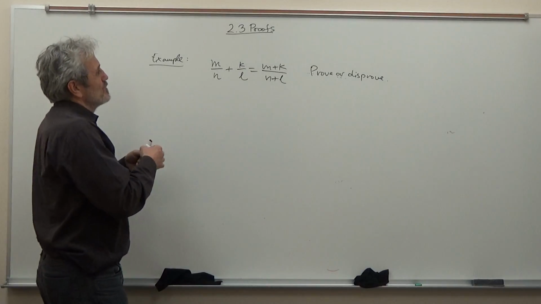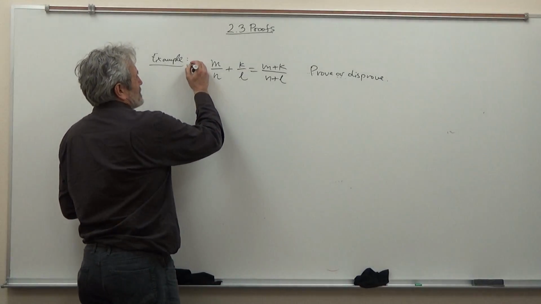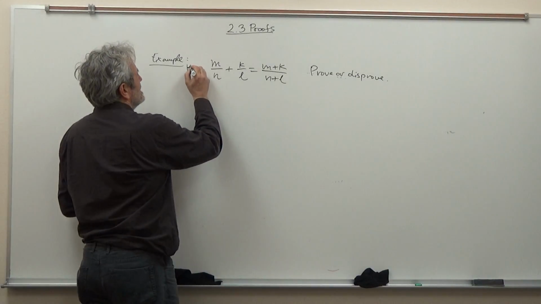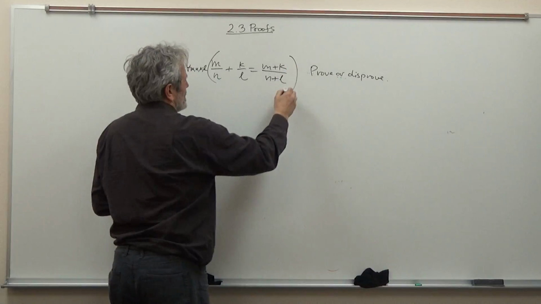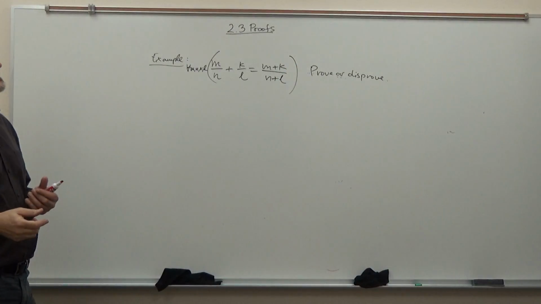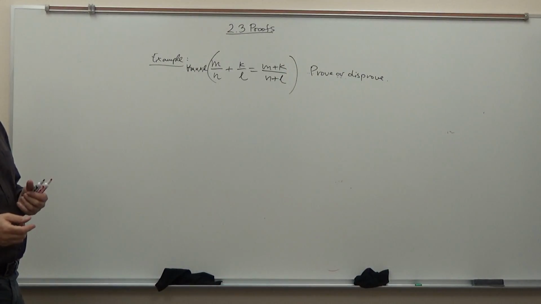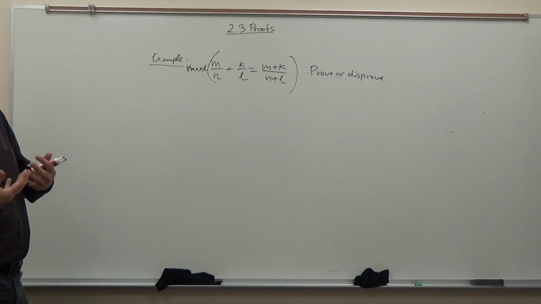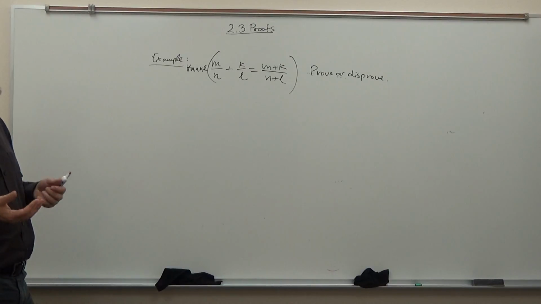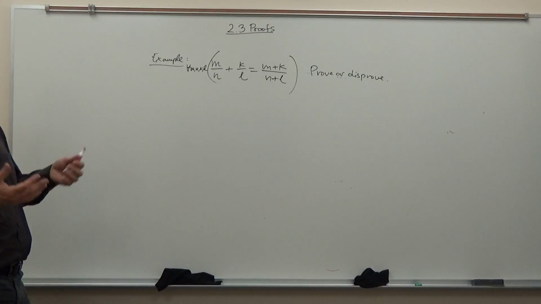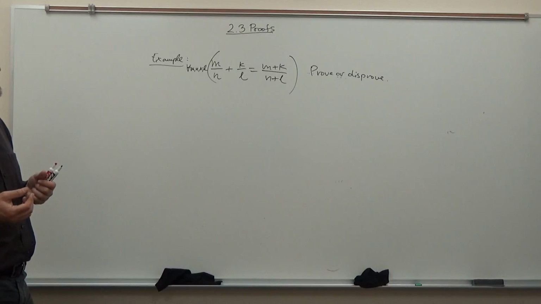Even if you don't say it, this means for every m, n, k, l. When there's a law, you are assuming the universal version of the law. This is what someone who thinks this is a good law would think, that whenever I have two fractions, no matter who's up and down, I can just add numerators and denominators.